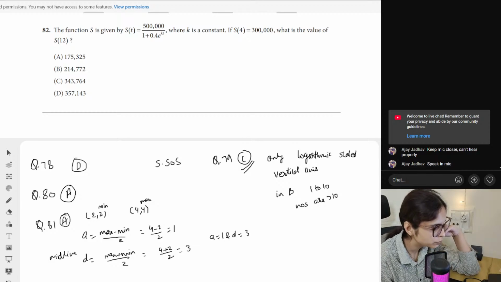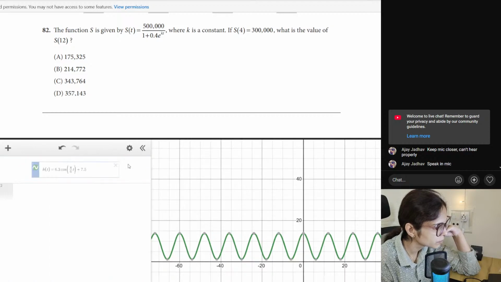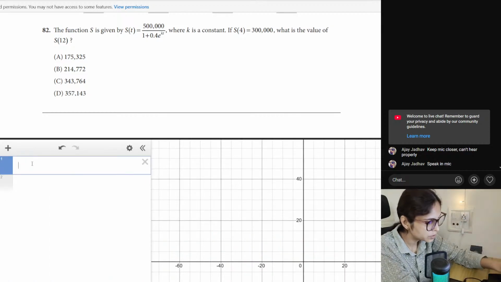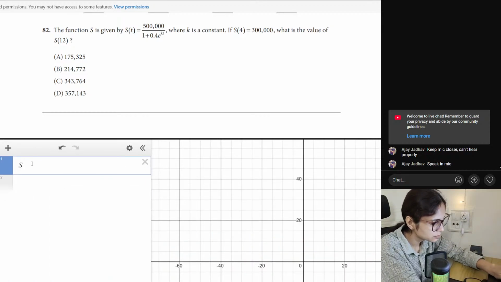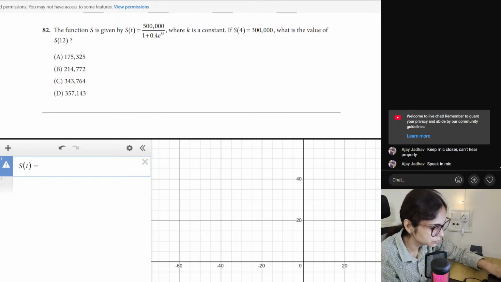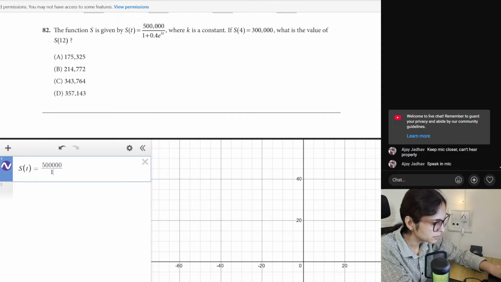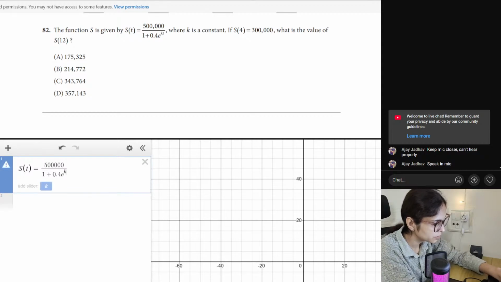So now I'm going to Desmos. And there I write the equation y equal to 500,000 divided by 1 plus 0.4 e to the power kt.